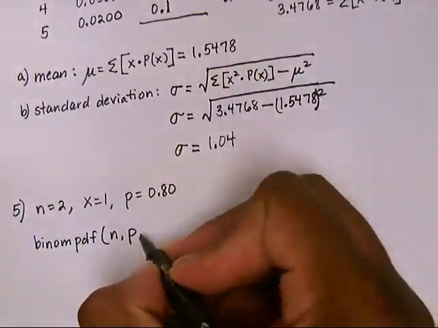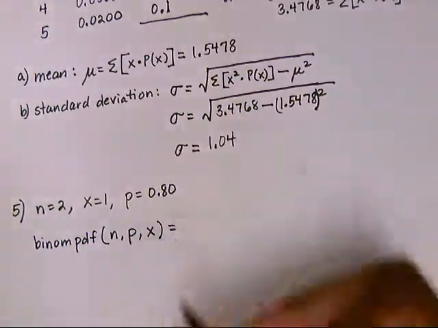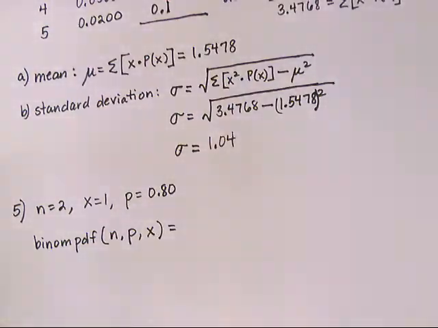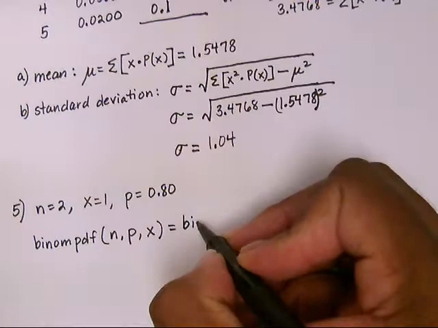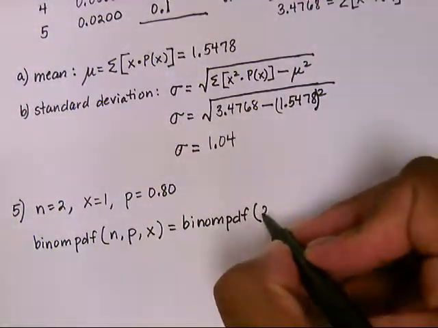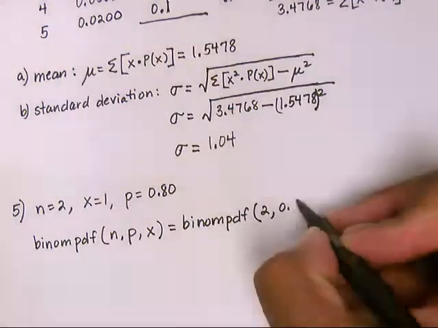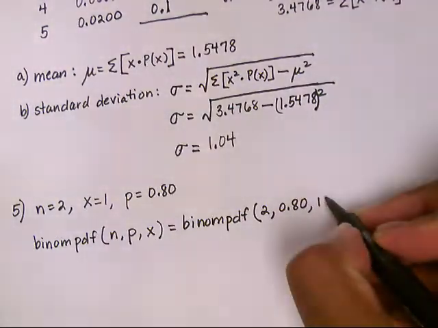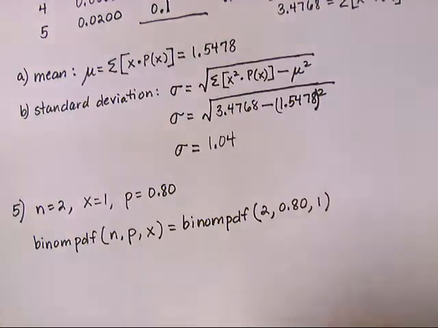And the binom PDF command is always n, p, x. So in this case, we're trying to do the binom PDF of n, which is 2, and p is 0.80, and x is 1.